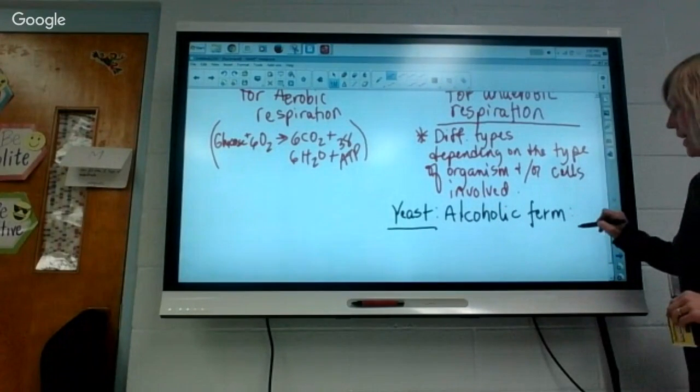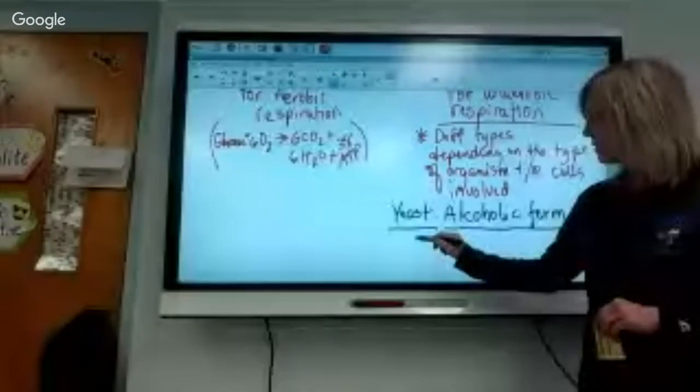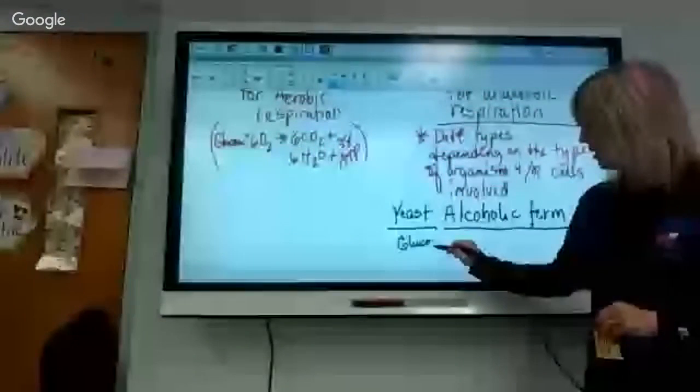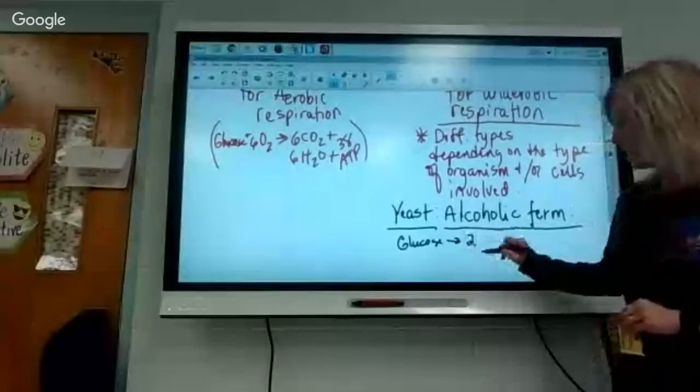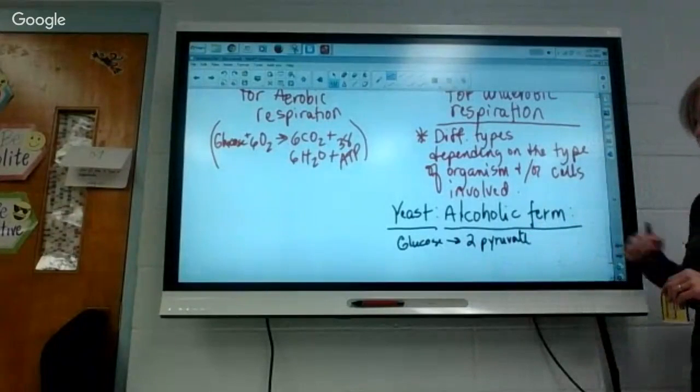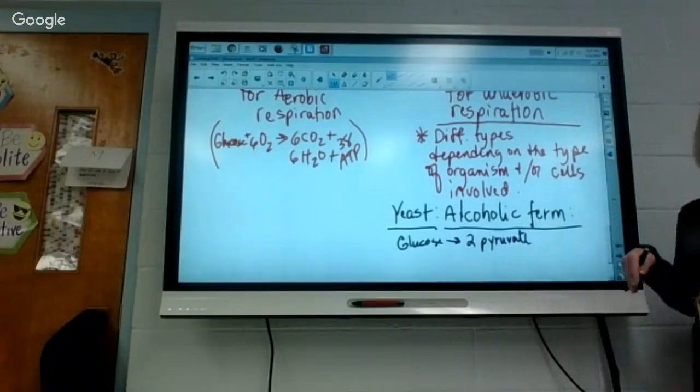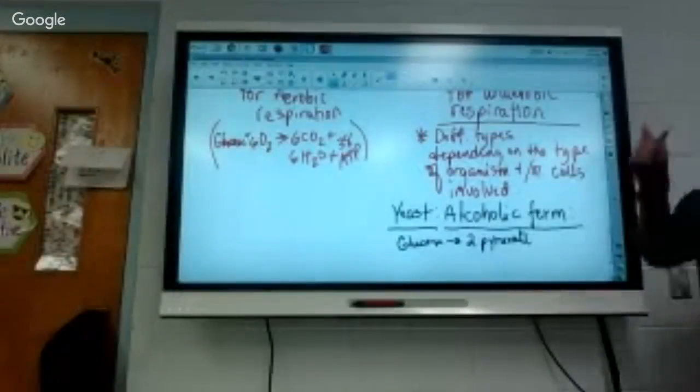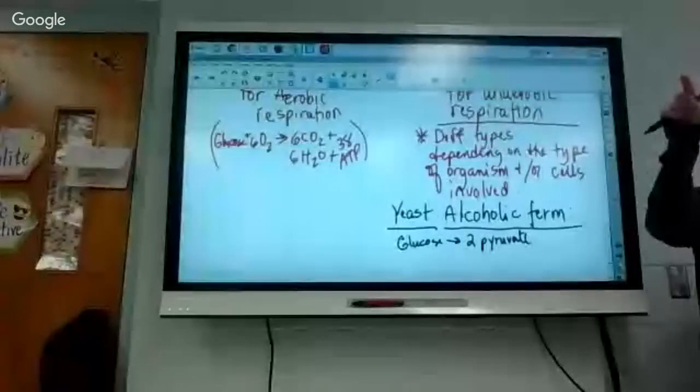And so what they do is, you know how we said glucose comes in, technically it gets converted to pyruvate. That's actually what goes into the process, but no oxygen. We're going to shut that party down. No oxygen at all. We're going to put a balloon over the mouth of that test tube.